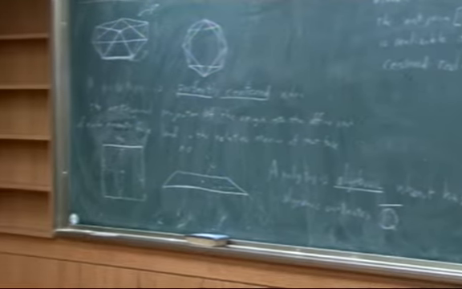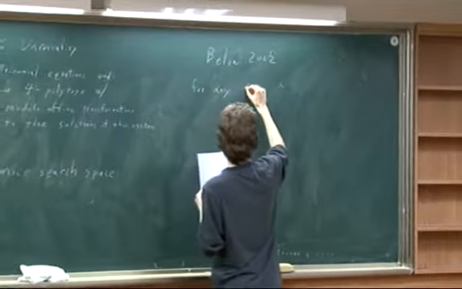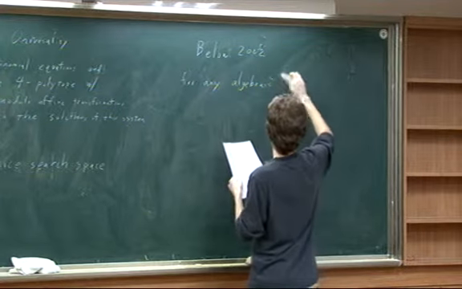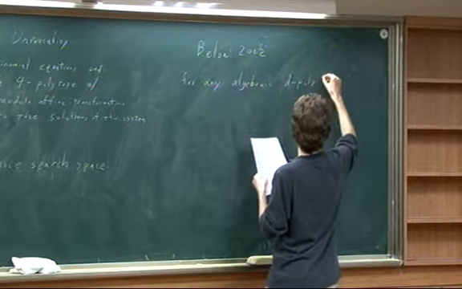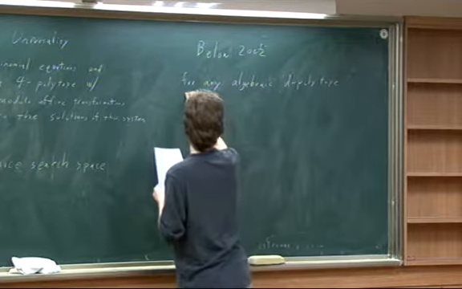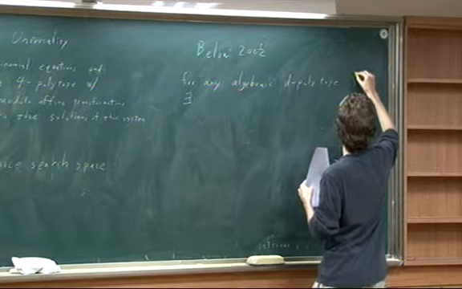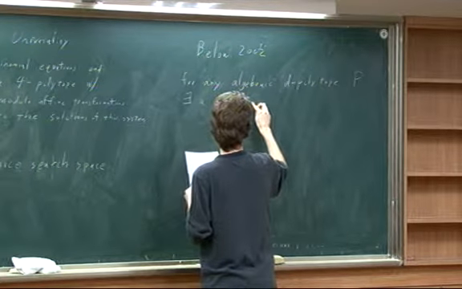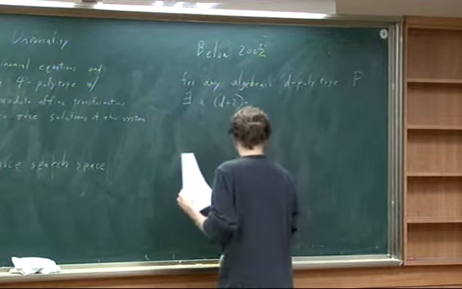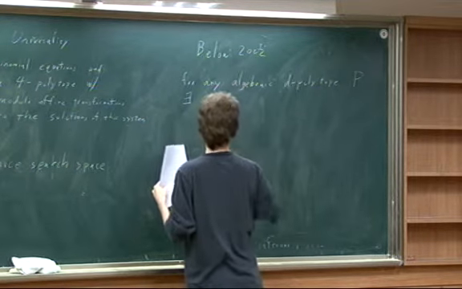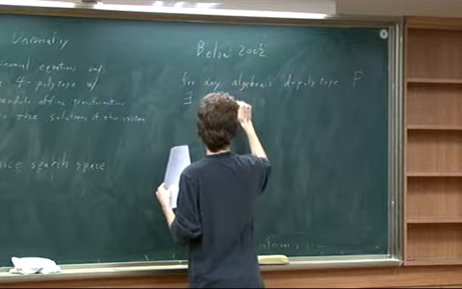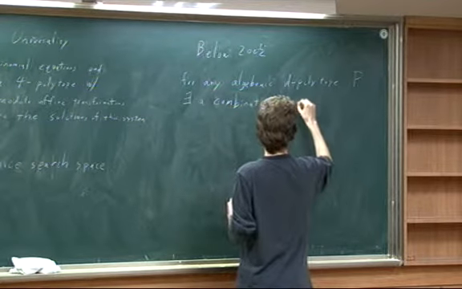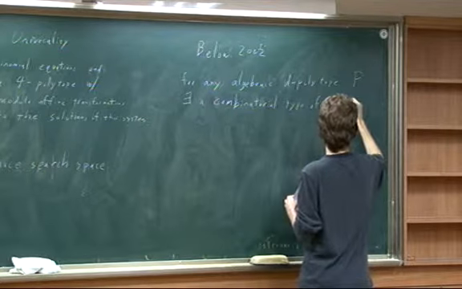So for any algebraic D polytope, I'll call this P, there exists a D plus 2, not quite, a combinatorial type, actually, of D plus 2 polytope.